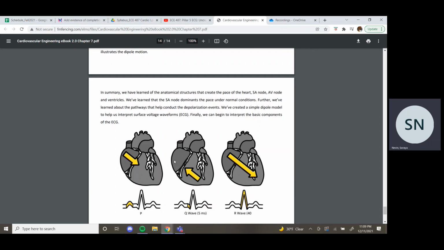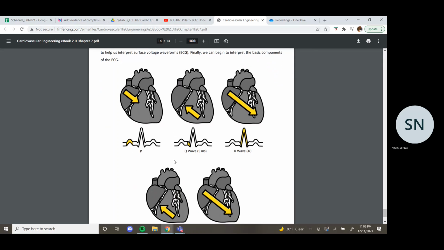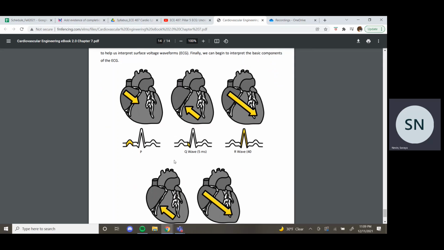represents the depolarization wavefront. So if we're looking at lead 2, the negative electrode is at the right arm and the positive electrode is at the left leg. So we have, in this first picture, representing the P wave, depolarization going down.